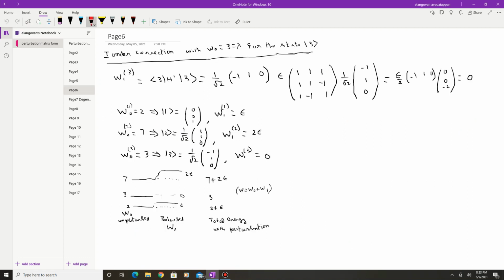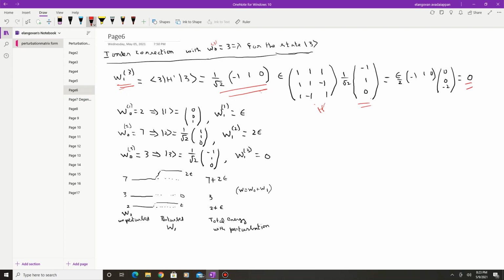Similarly, the first order correction for the third level is bra 3 H prime ket 3. Bra 3 is the conjugate, and if ket is a column vector, bra must be a row vector. You substitute these values and multiply.